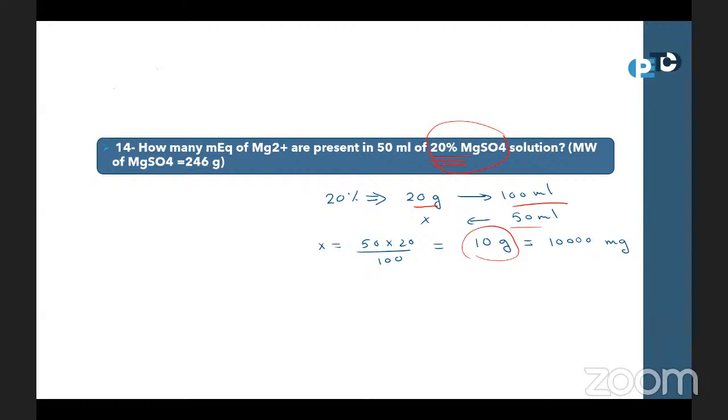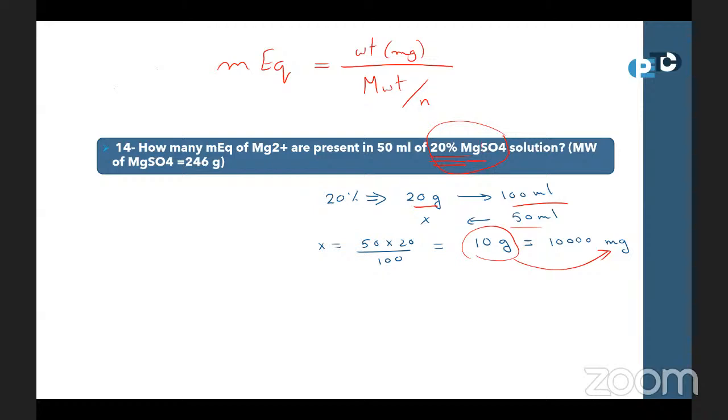Why do we convert the unit into milligrams? Because we need to calculate the number of milliequivalents. So what is the formula for it? It is weight in milligrams over molecular weight, over n, the valency of the positive ion multiplied by its count. The positive ion here is magnesium. Its valency is 2.